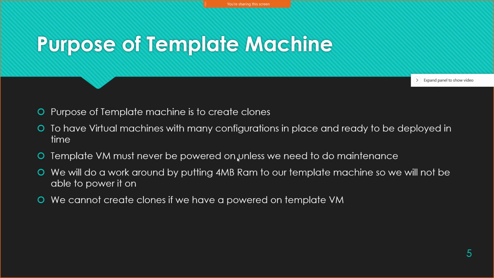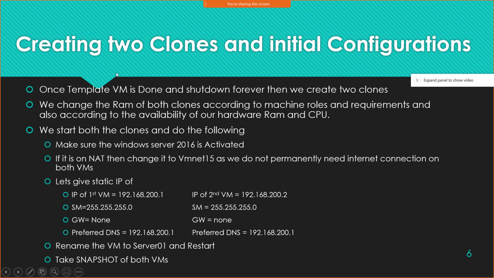The purpose of the template machine we talked about, but I'm going to explain it in a diagram as well quickly, and then we go ahead. Creating two clones and initial configurations: once the template machine is done and shut down forever, we create two clones. We change the RAM of both clones according to machine roles and requirements, and also according to the availability of our hardware, RAM, and CPU.